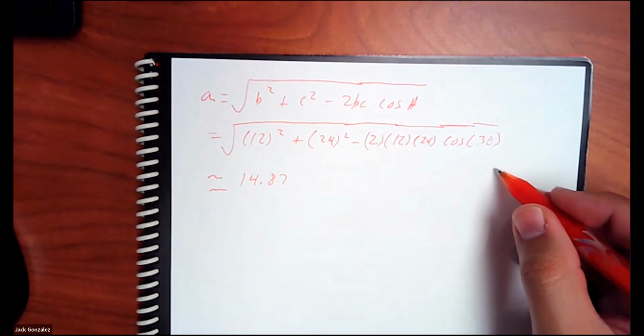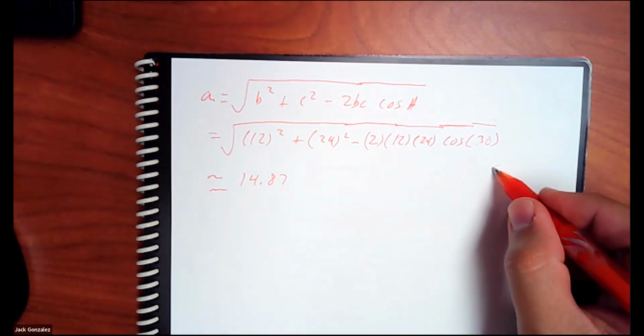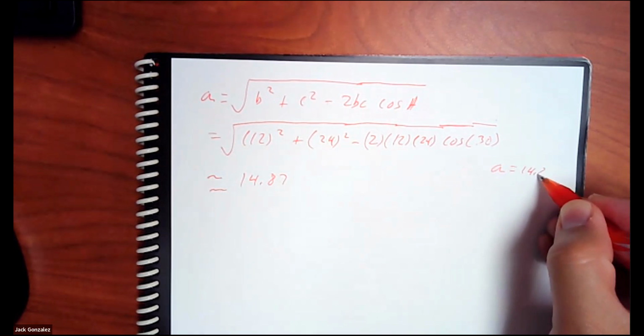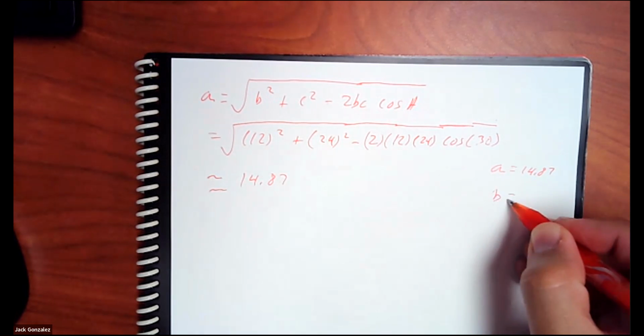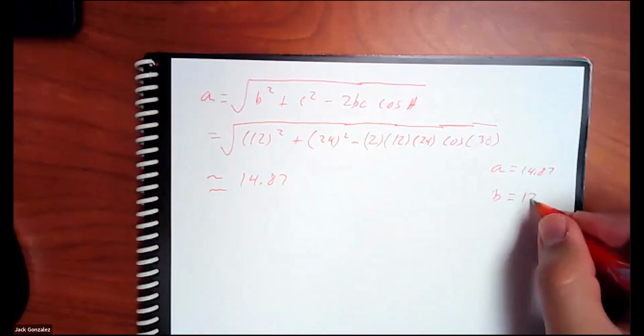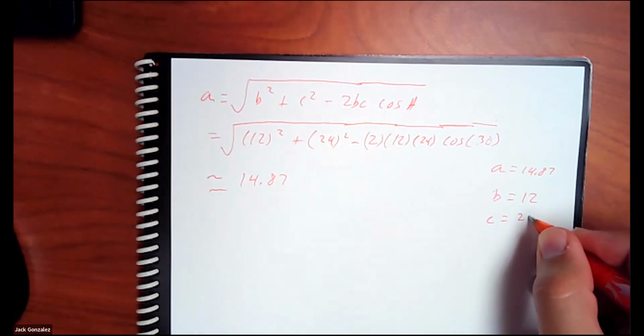Okay, so A is 14.87. B was 12. C was 24.